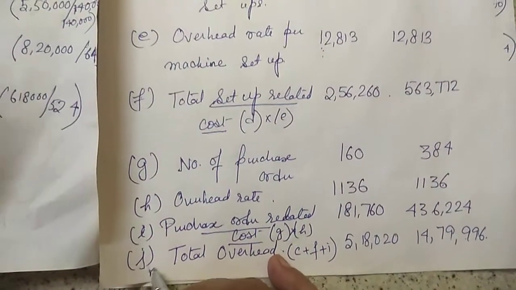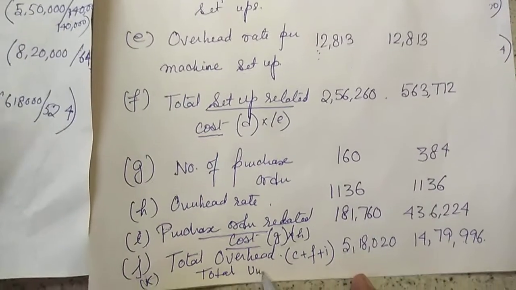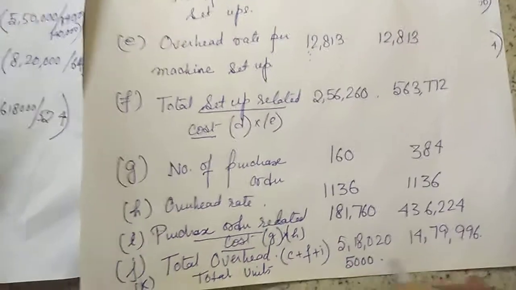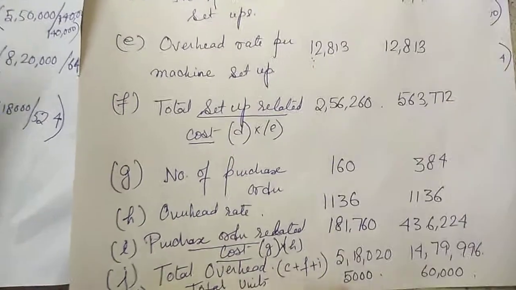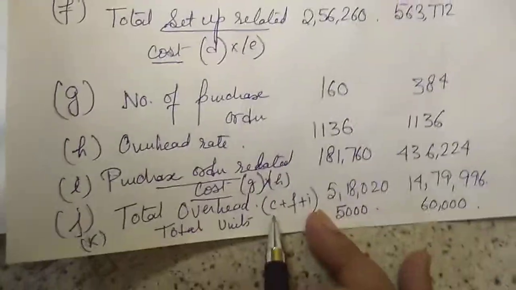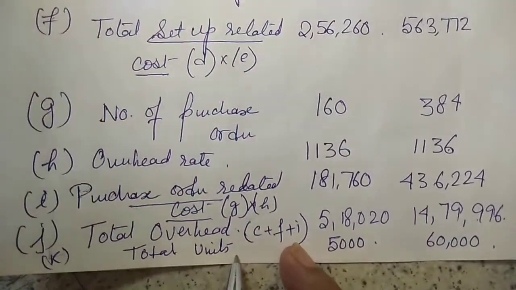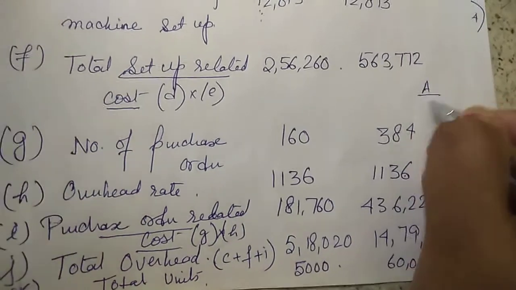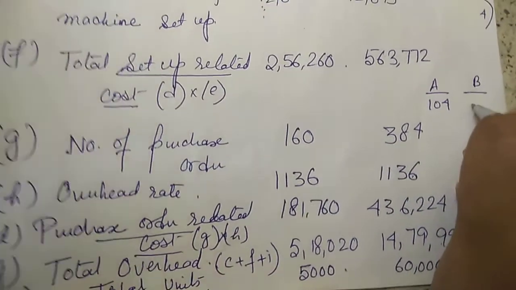Now I divide it by total units. In product A I produced 5,000 units as I remembered, and in product B I produced 60,000 units. If you divide total overhead by total number of units, you will get cost per unit. So cost per unit for product A is coming to 104, and for product B it is coming to 25.